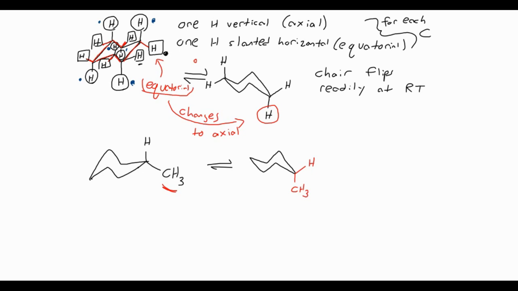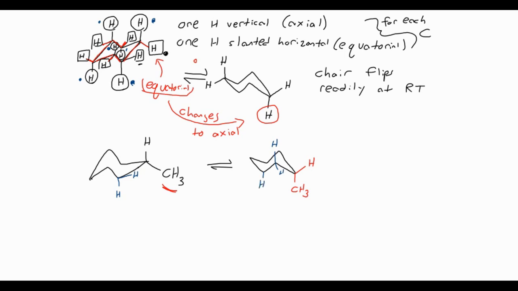Well, if we take a look at the adjacent hydrogens, we have one hydrogen here, and one hydrogen here, and then maybe one hydrogen here, one hydrogen here, and then let's draw one more carbon over as well.